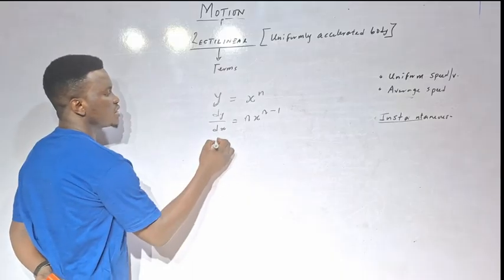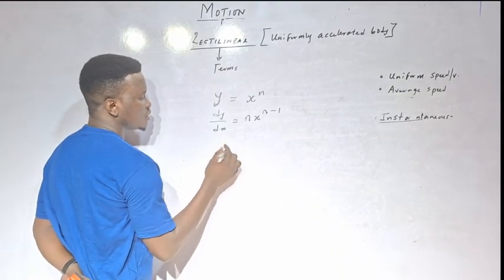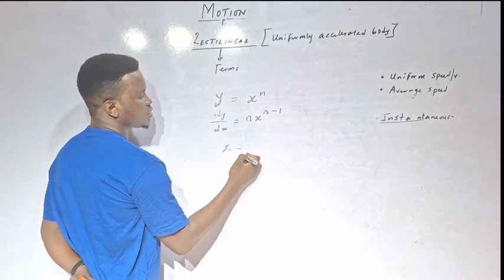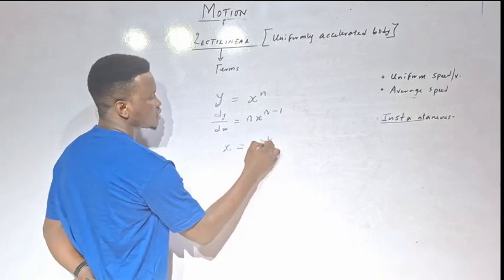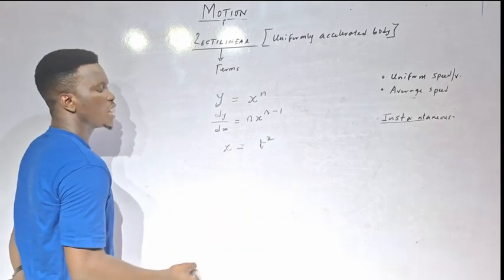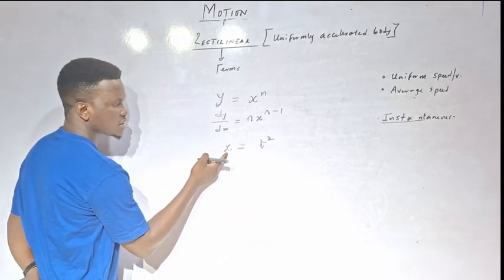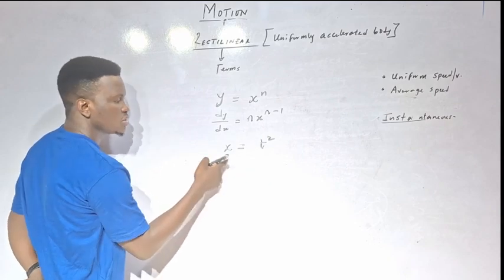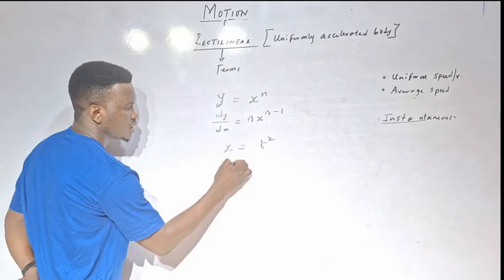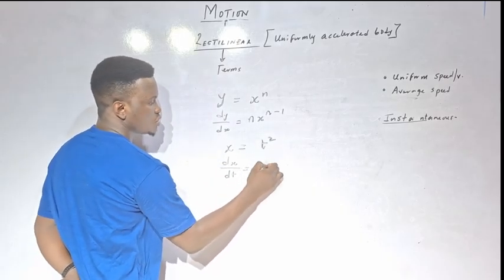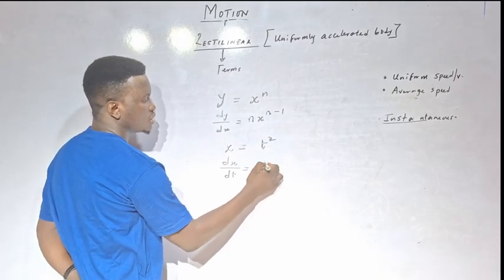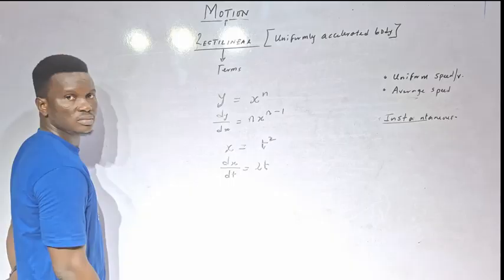For example, let's say I give you that x is equal to t squared. Now, if I say x is a function of time, so if I say dx/dt, what would that be? 2 will come down, so that would be 2t. 2 minus 1 is 1, so it can remain as t.